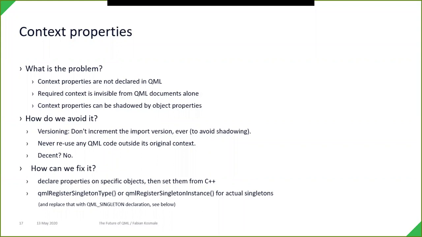So the solution is, if you have some shared settings which you want to access everywhere in your project, then you can just put them all into some object and either register that object as a singleton in QML. We will see how both of those methods work.